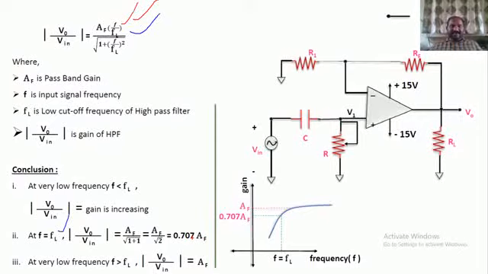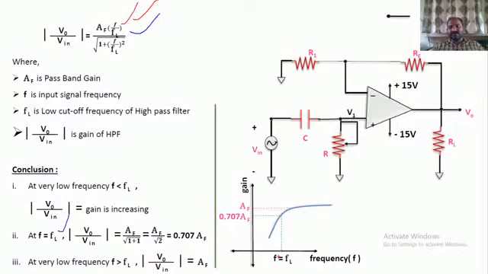Now, once the input signal frequency is very much greater than the low cutoff frequency, the gain of the filter increases and stabilizes to the value AF. We get AF as a constant; the gain is constant across the frequency components.